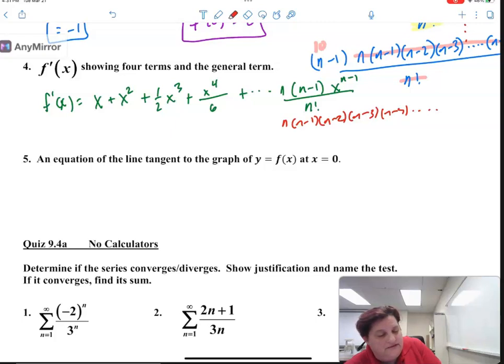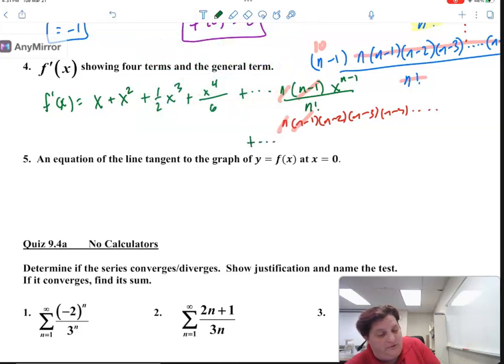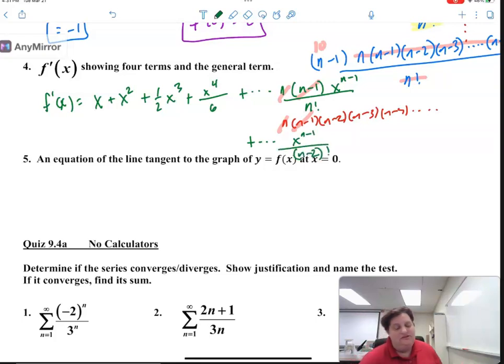What happens is the n and the n minus 1 cancel out. So for my general term, I could actually put x to the n minus 1 over n minus 2 factorial. That's an easier way to write it because the n and the n minus 1 got canceled out. And then we just put plus dot, dot, dot.